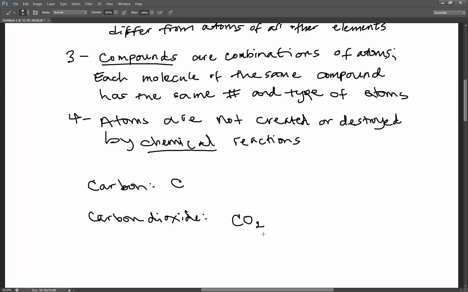So that little 2, that subscript indicates that there are 2 of the atom that's represented by that symbol in the molecule. Or for instance, if I gave you the formula H2O, then you would understand that this is representing a molecule which contains 2 hydrogen atoms for every 1 oxygen atom.